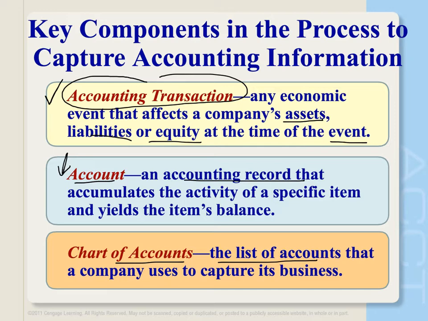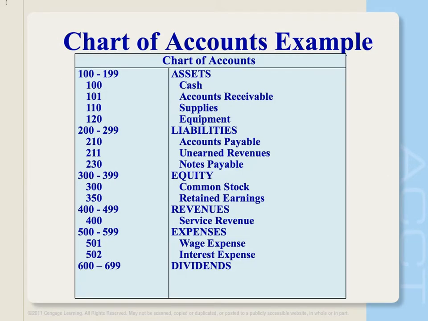So let's go ahead and take a look at the chart of accounts. Here is an example of a chart of accounts. It lists the assets and then all those accounts that are assets underneath it. The number sequence can be 100, it could be 1,000, it could be 10,000, it could be 1, 2, 3.